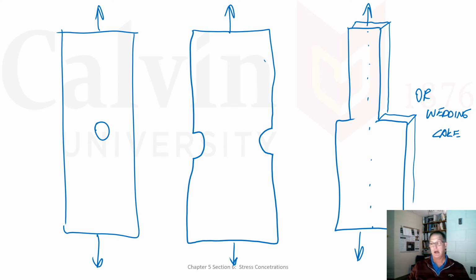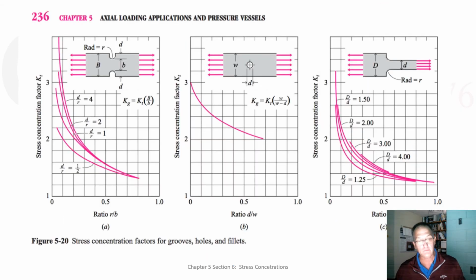So let's look at what the book offers us as solutions. These are the charts that are provided in the book, and we need to be careful when we use them. There are 3 different loading scenarios that we're looking at. One is when we've got a notch, and this is on chart A. The second one is when we have a hole.